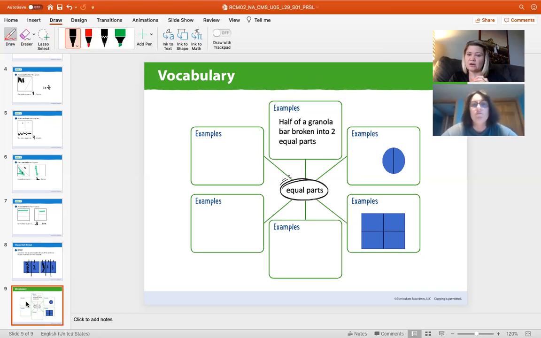So you can give examples like that with words. You could say, if I had a granola bar and I cut it into thirds, well, how many would I have, right? How many pieces? You could draw pictures. So for the second example, I drew a picture of a circle and I cut it in half. The third example, I drew a square-ish rectangle and a quadrilateral, and I cut it into fourths, okay?